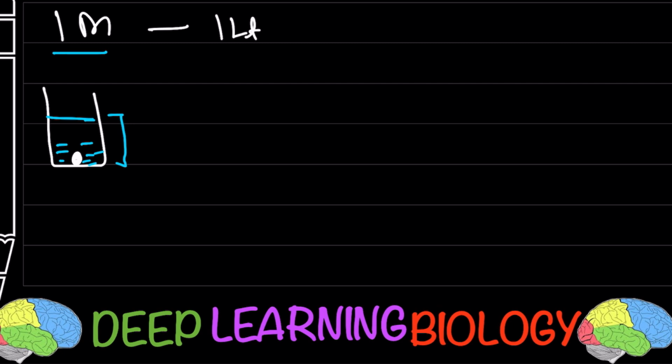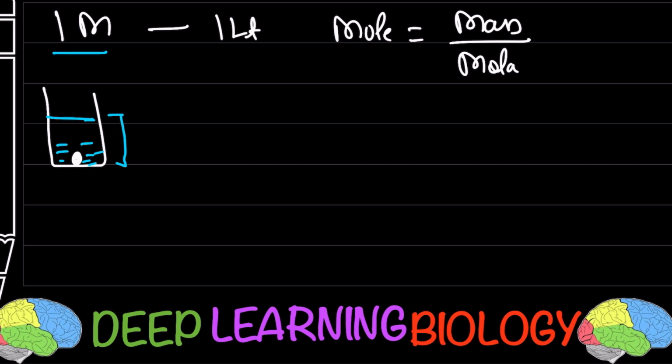So in case when you are going to prepare 1 molar solution, you will dissolve 1 mole of the substance in 1 liter. Now try to see here. Mole, I have told you, is mass divided by molar mass.